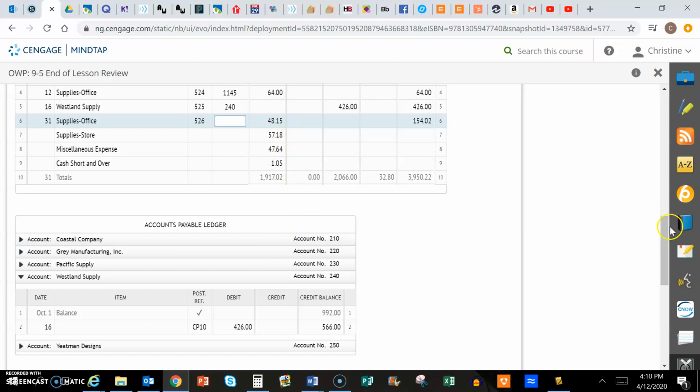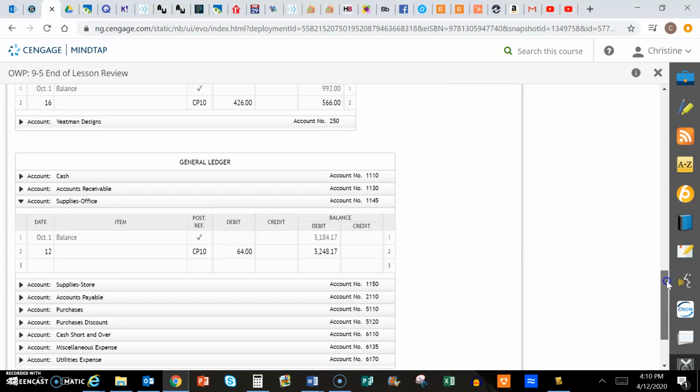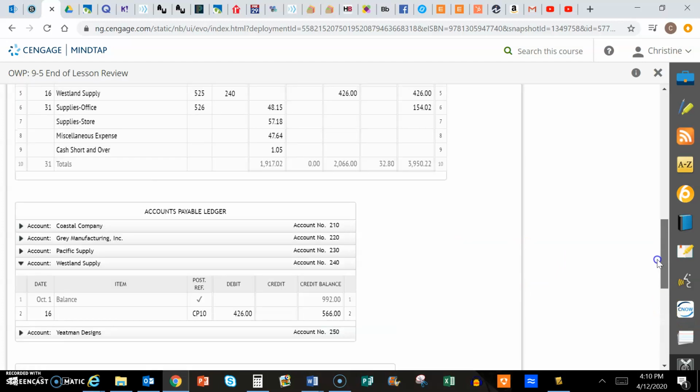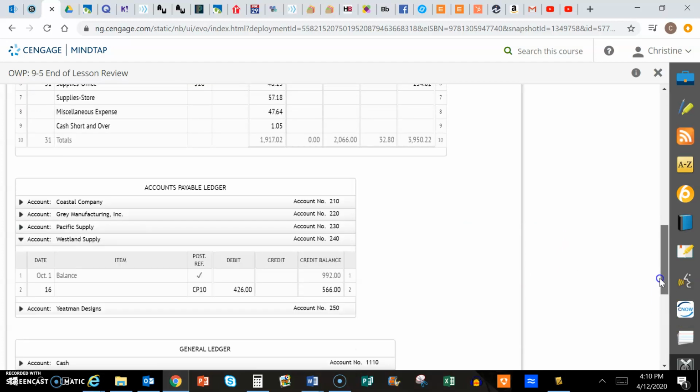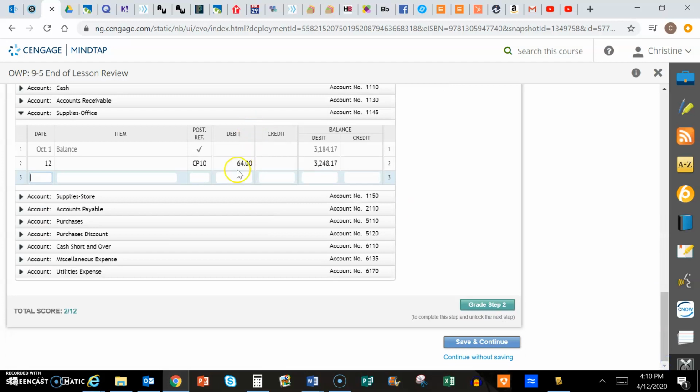All right, so supplies office. Again, it's already open. This is for my petty cash replenishment on the 31st, 48.15. Still coming from CP10. Okay, so debit, debit, new debit.